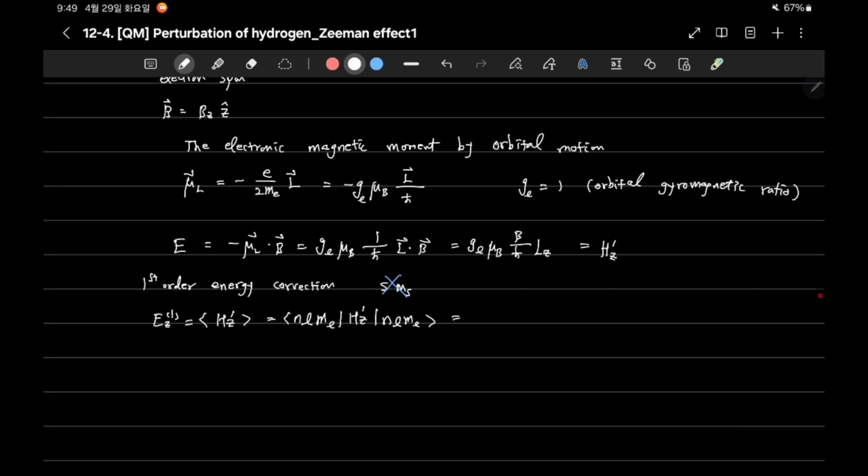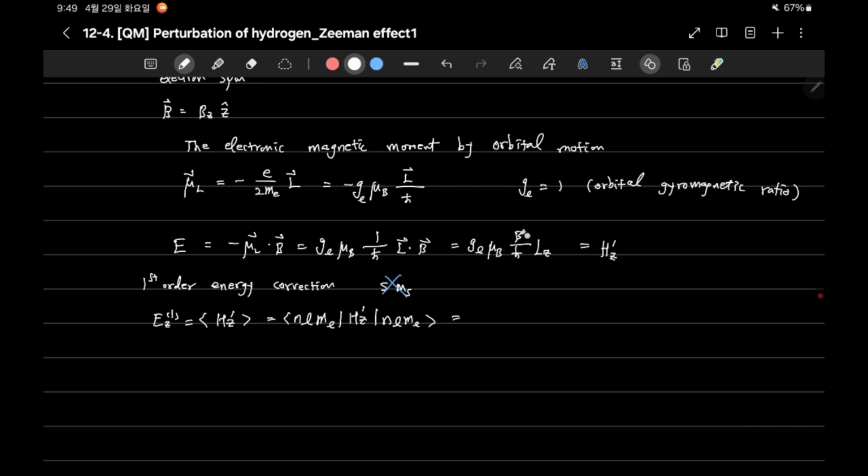Because the Hamiltonian H_Z prime is written like this, L_z is the orbital operator, but the other terms are constants, and the magnetic field is static, not time dependent.